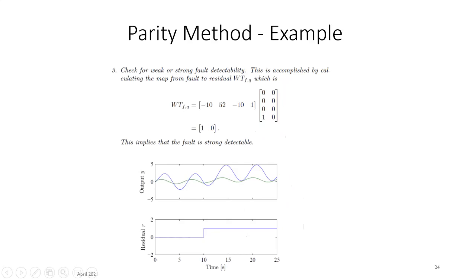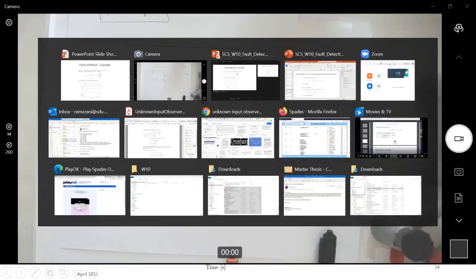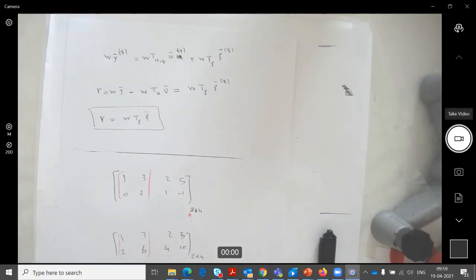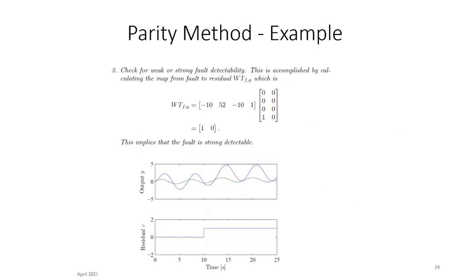Why do I need to calculate W multiplied by T? Because it is the coefficient of the fault. It was here: R is basically W multiplied by T multiplied by F. I have calculated W multiplied by T because we should make sure it is not 0.